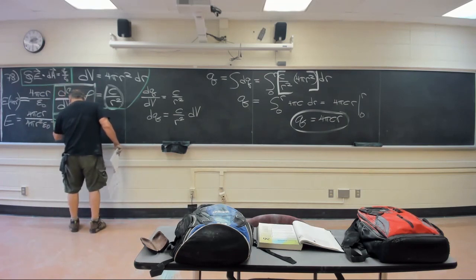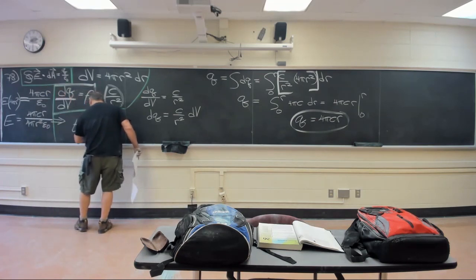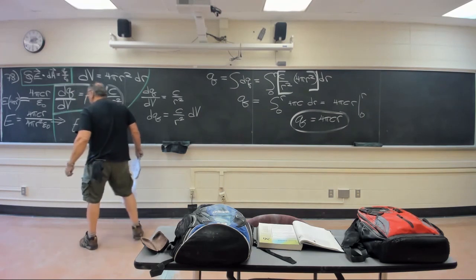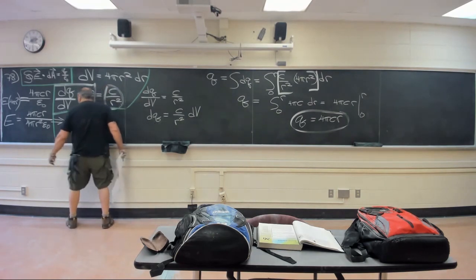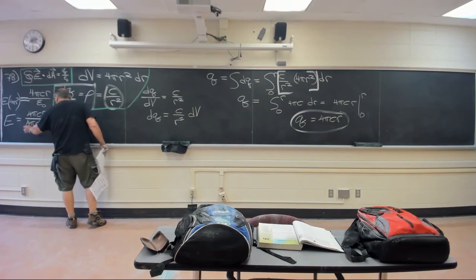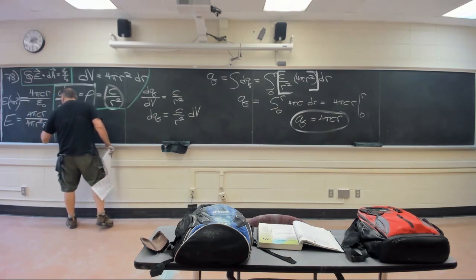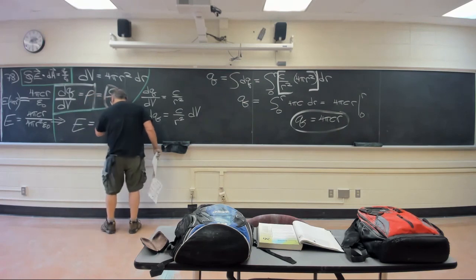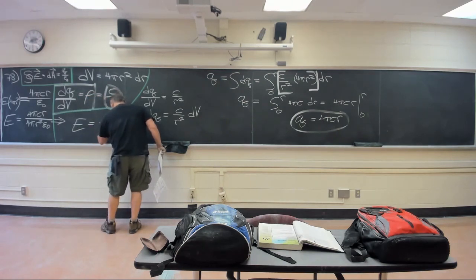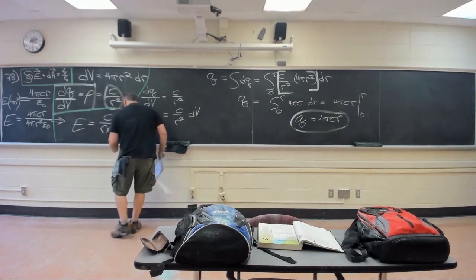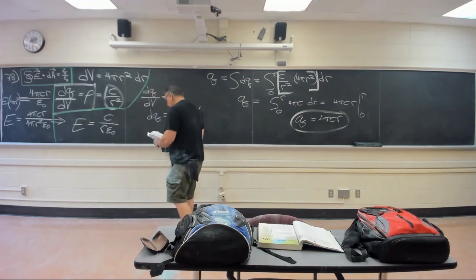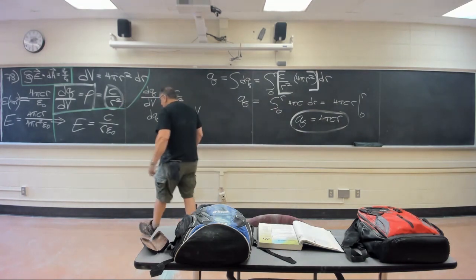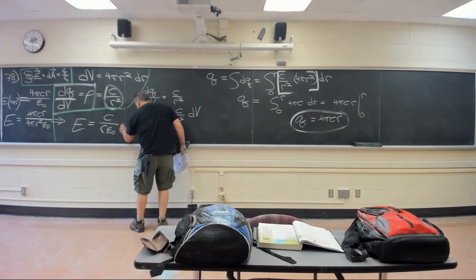You see a lot here. The fours cancel, the pi's cancel, one of the r's cancels. And it's directed radially outward, guys.